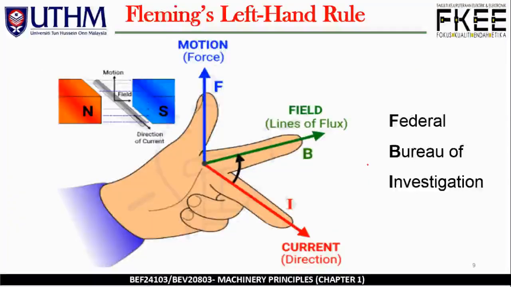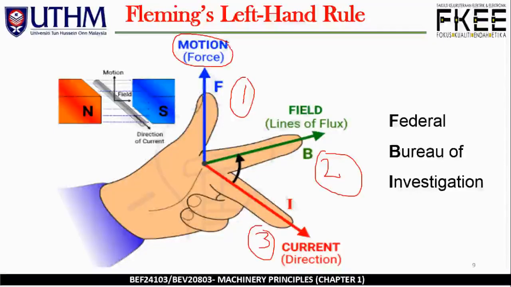So what about Fleming's left hand rule? Let's say you have your left hand, with finger number 1, finger number 2, and finger number 3. The thumb is representing motion or force. Then finger number 2, your pointing finger, represents the field or lines of flux, with notation B. And your middle finger is representing current.